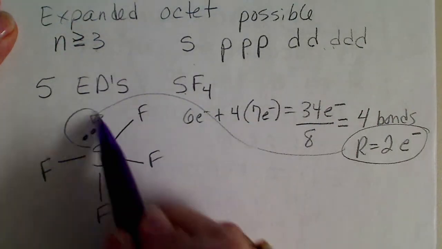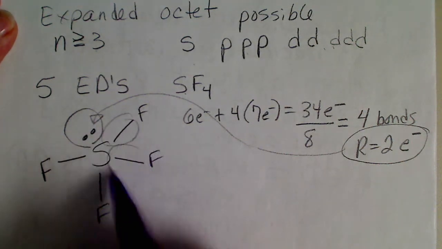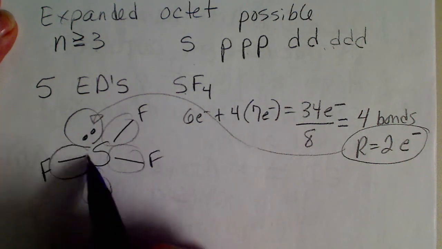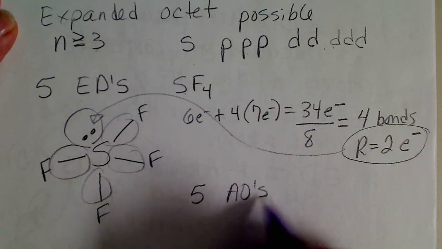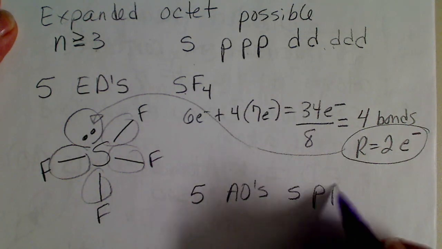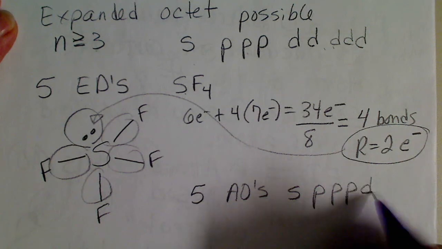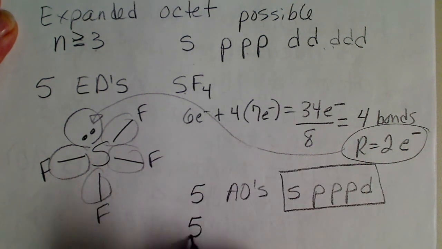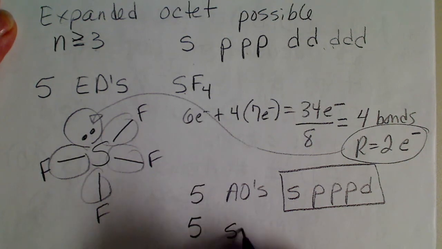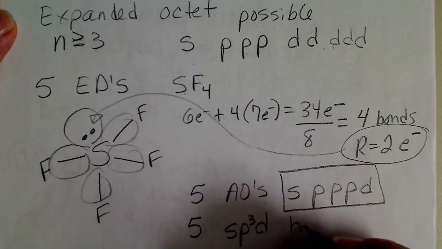So here we have 5 electron domains around sulfur. So we'll use 5 atomic orbitals. So s, all 3 of the p's and 1 of the d's. And we'll rename 5 sp3d hybrid orbitals.